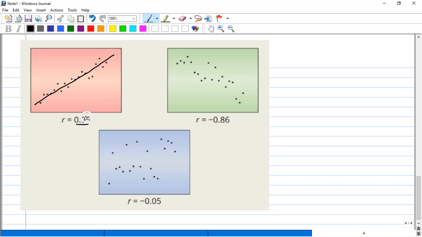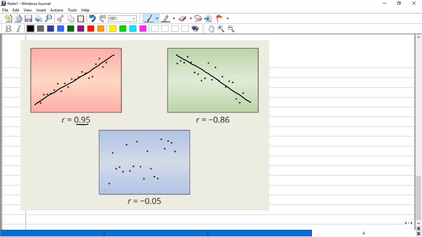Notice that this is a positive relationship. Same here. This one is even closer to 0 than ours, but ours was positive. If I draw a straight line, the points are still around the line, but they're not as tightly grouped.